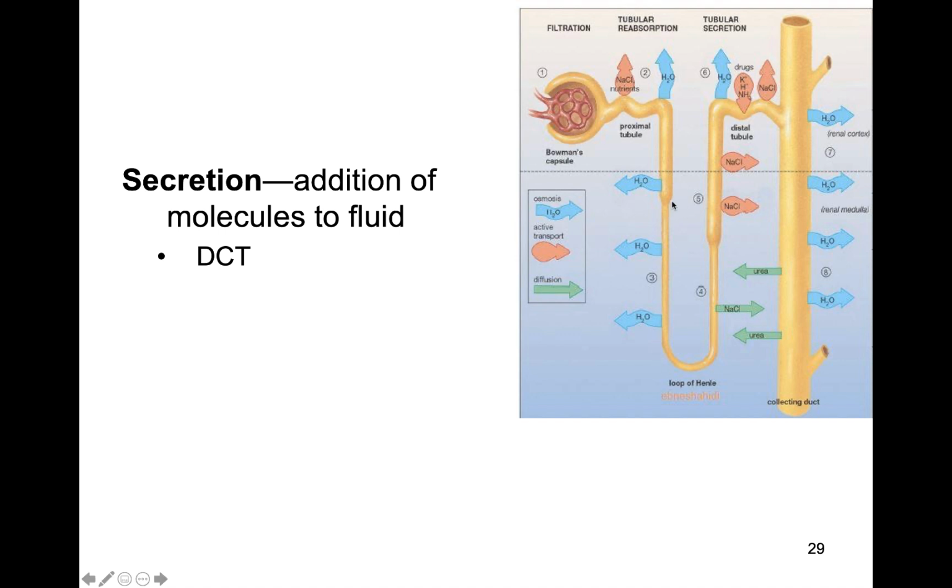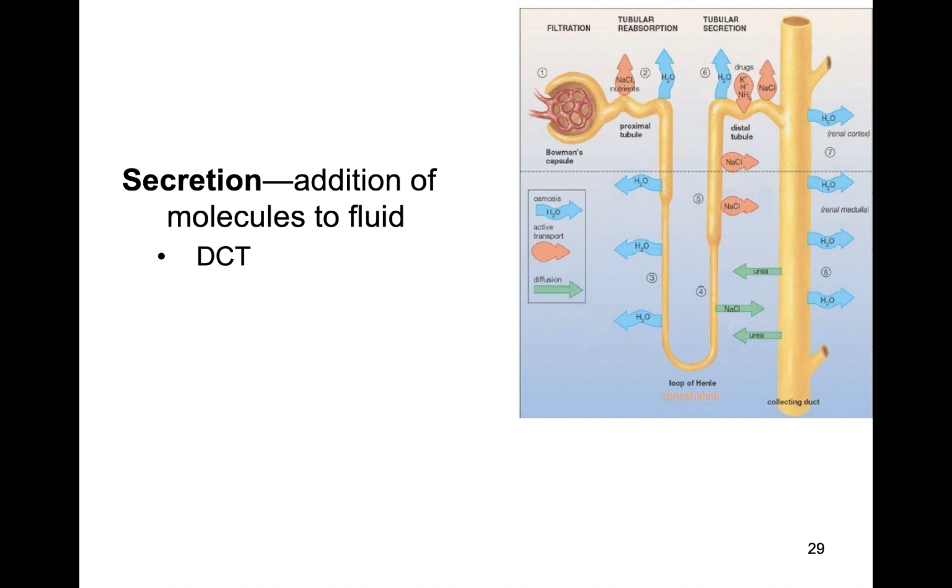Those waste products are going to come down through the descending limb of the nephron loop, the loop of Henle, and then go back up through the ascending limb of the nephron loop. Then you have some more arrows pointing towards the distal convoluted tubule.